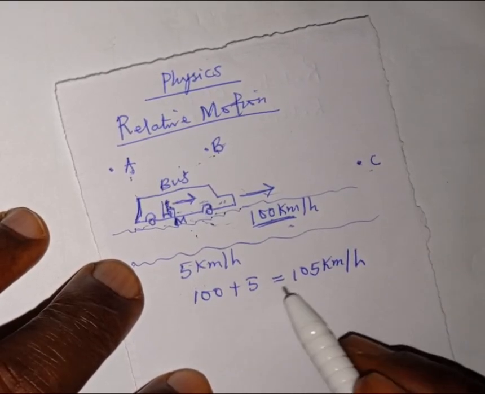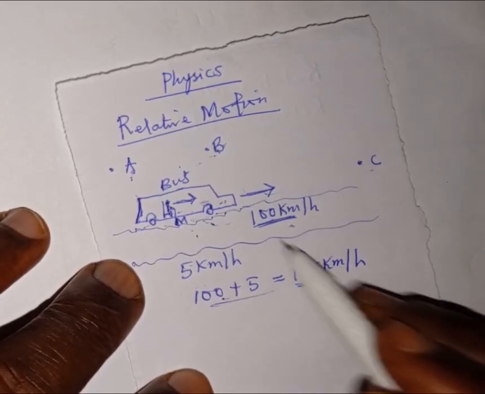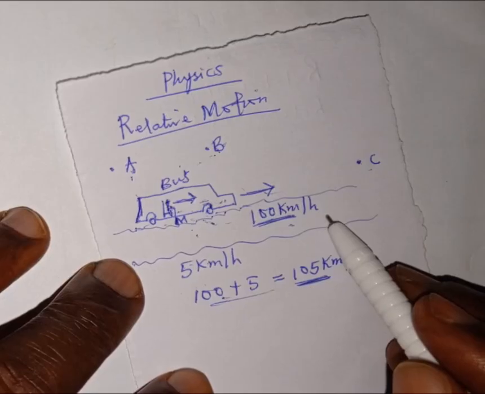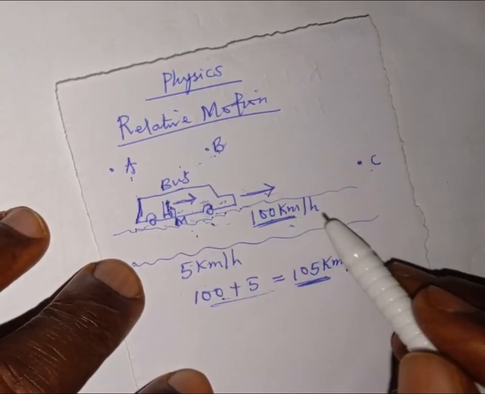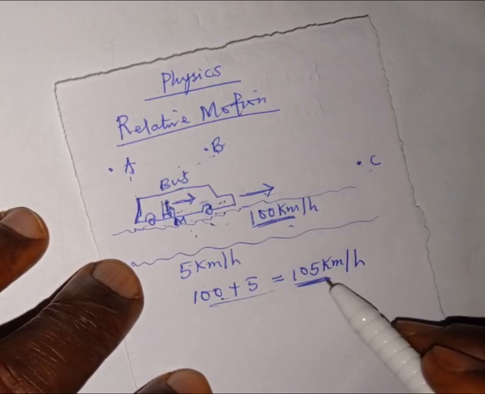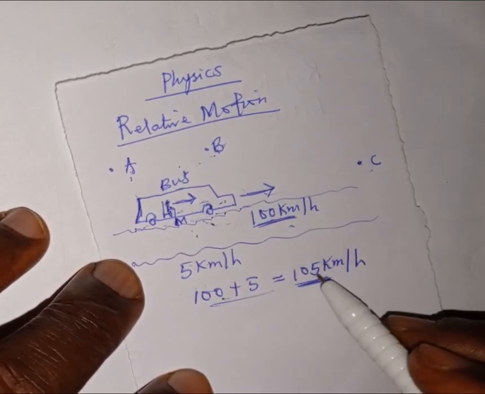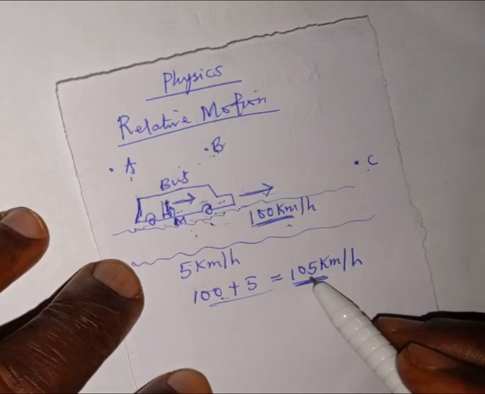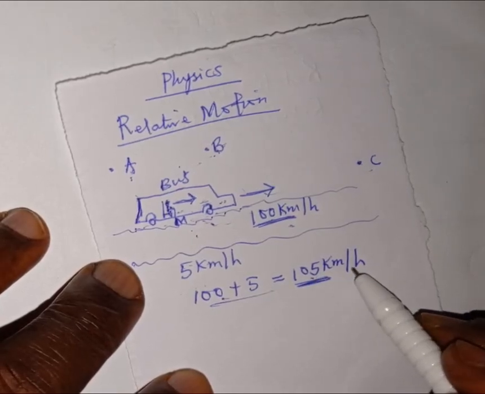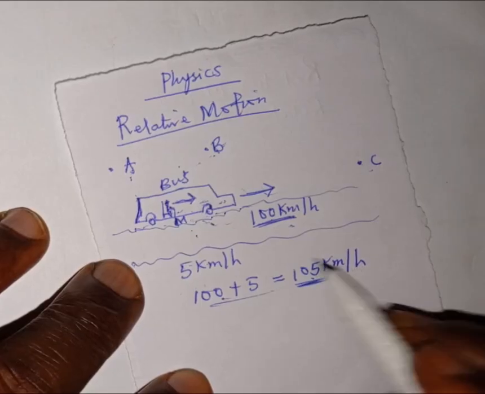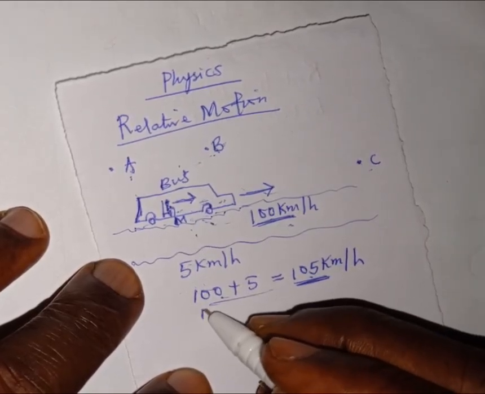So this is now their speed relative to the ground, relative to the earth. The young man, Mike, is now moving at 105 kilometers per hour.